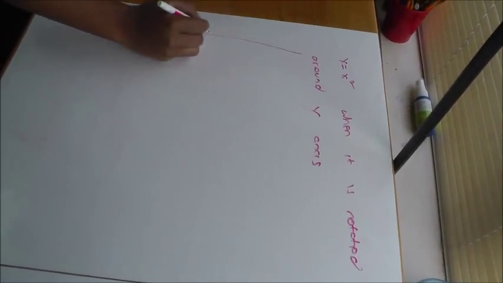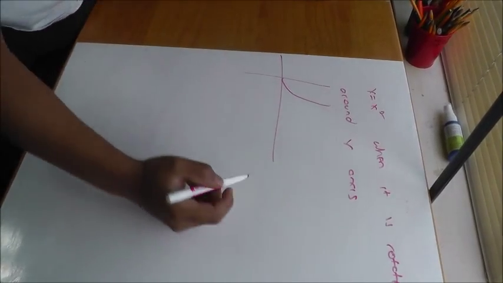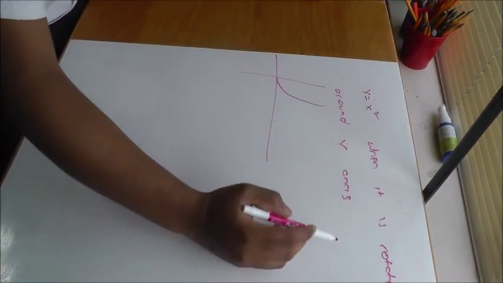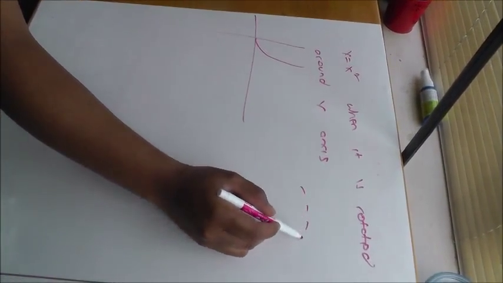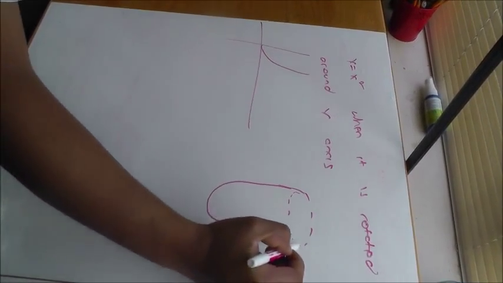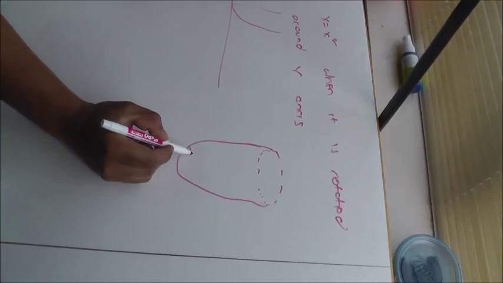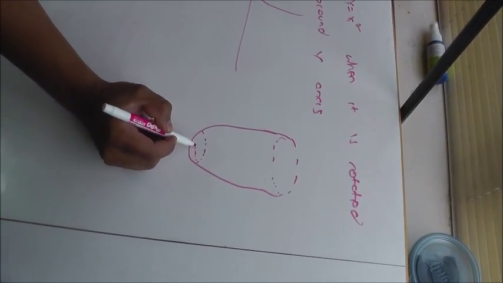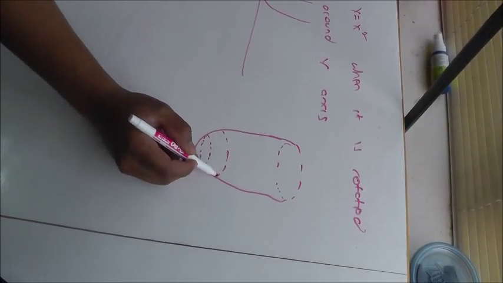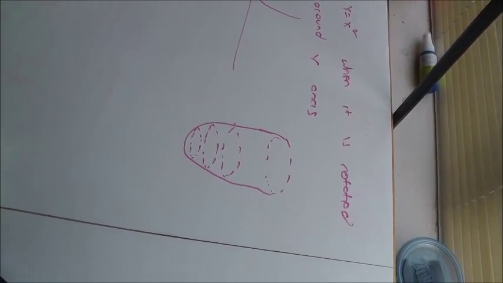This is the graph of y equals x squared, and when it's rotated around the y-axis, it's going to turn out something like that. What we're going to have to do is take little areas of those circles and add them up to find the total volume.